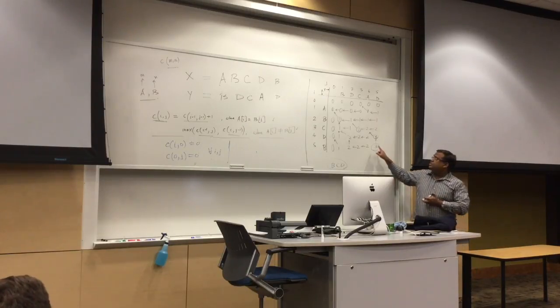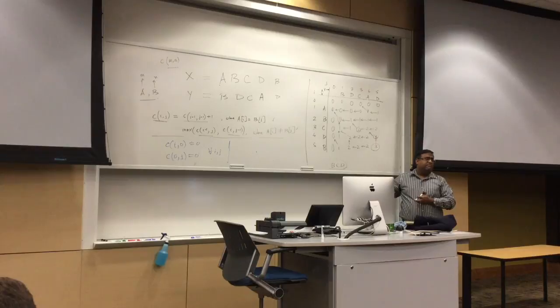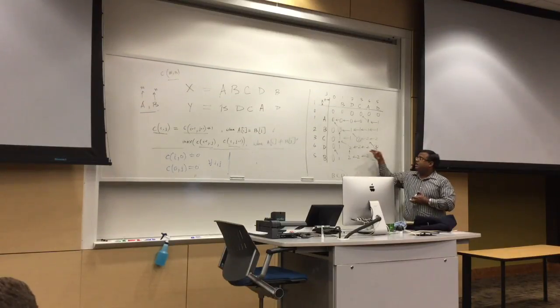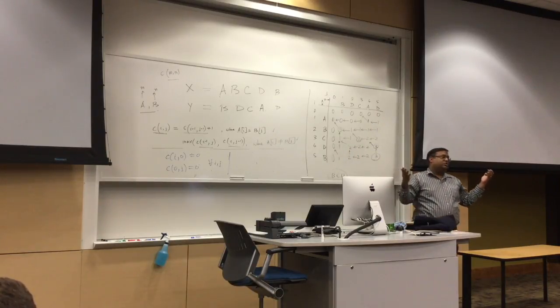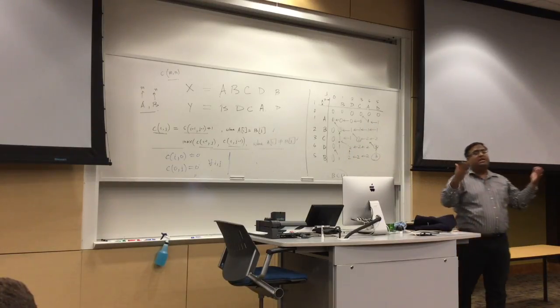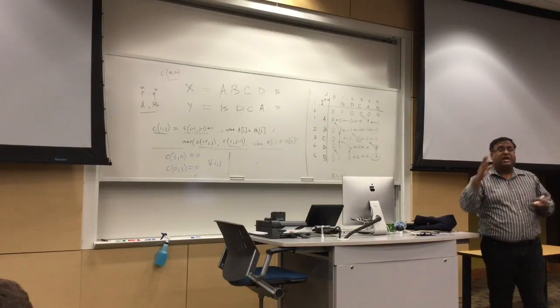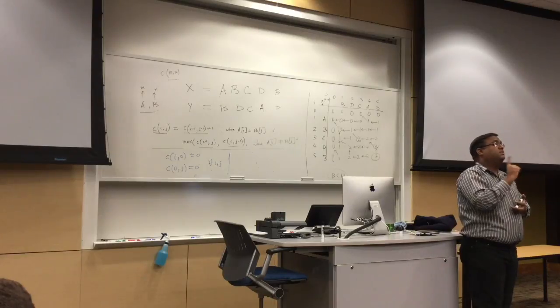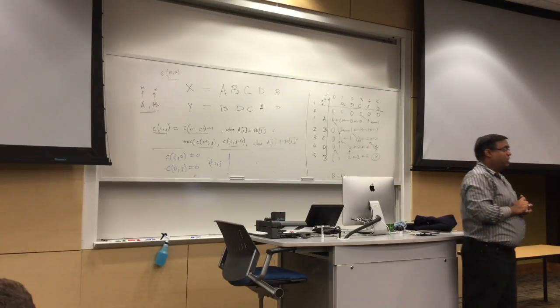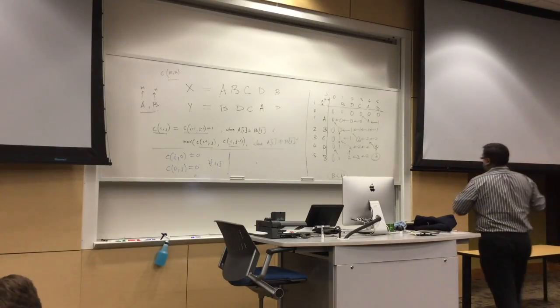So depending on the choices you make, in many of the places you have this choice of going horizontal or vertical, depending on how you fill this table up, you may get to one of the multiple longest common subsequences. But it will guarantee you that it will give you one longest common subsequence. It's not going to give you all, but any one depending on the choices you make.